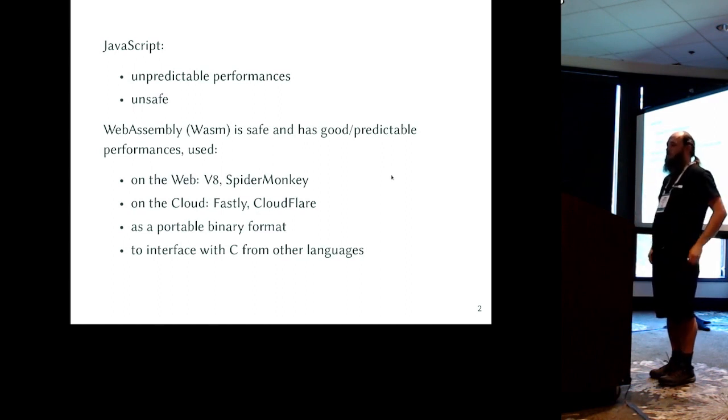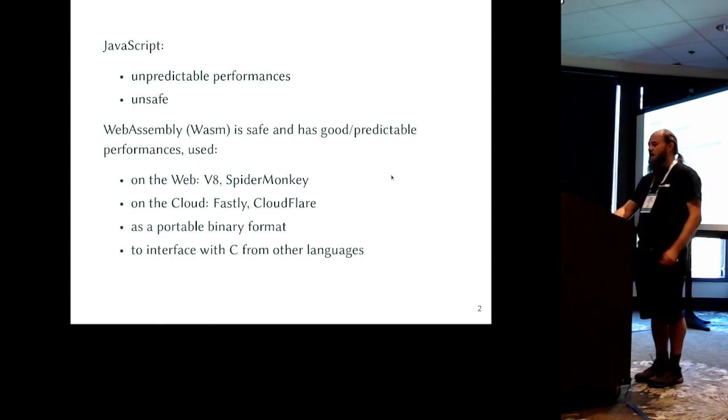WebAssembly is a lot more compact, and basically has always the same performance, and you should expect that the performance difference between different runtimes is going to be a factor between one or another. So, well, there are some places where you can't run JavaScript, or it's just better to run WebAssembly.